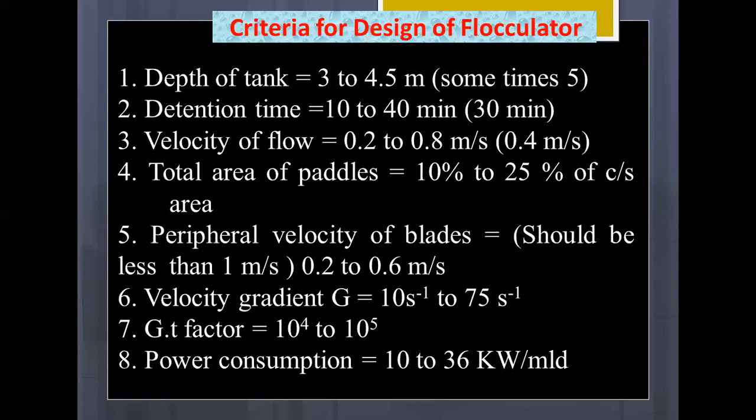Then velocity of flow is equal to 0.2 to 0.8 meter per second. Common value is 0.4 meter per second. Total area of the paddles is equal to 10% to 25% of the cross section area.